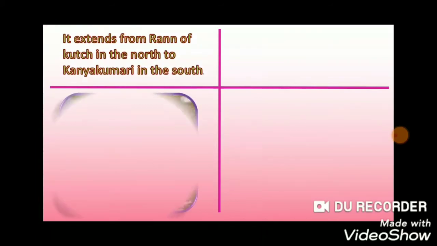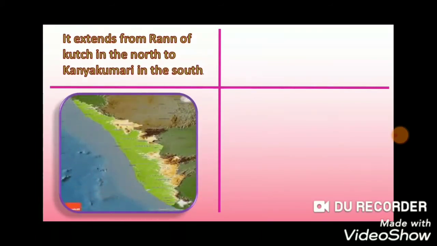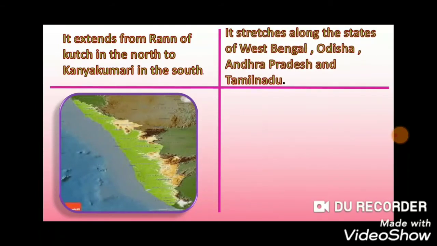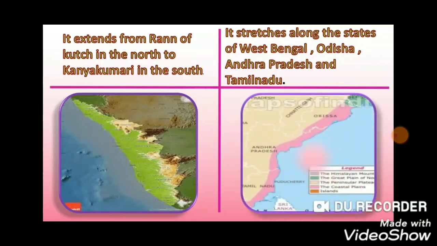Second point, it extends from Rann of Kutch in the north to Kanyakumari in the south. It stretches along the states of West Bengal, Odisha, Andhra Pradesh and Tamil Nadu.